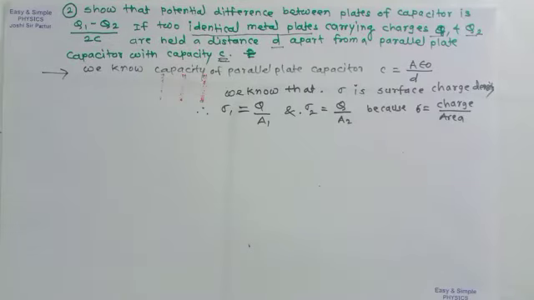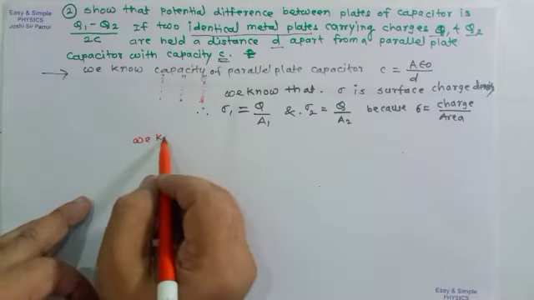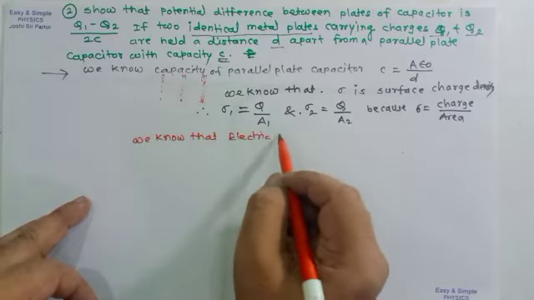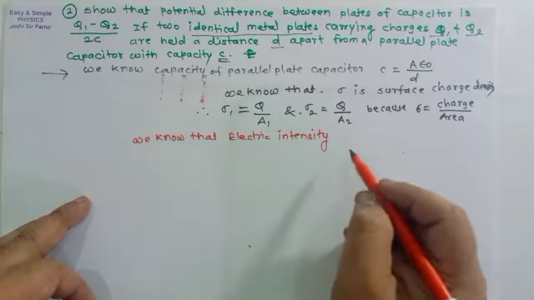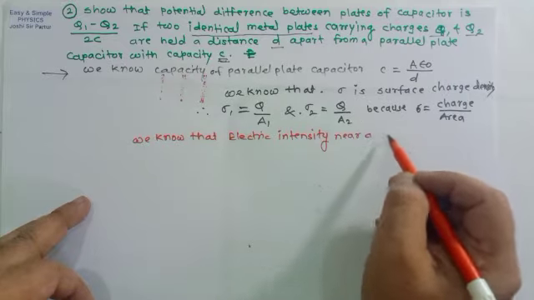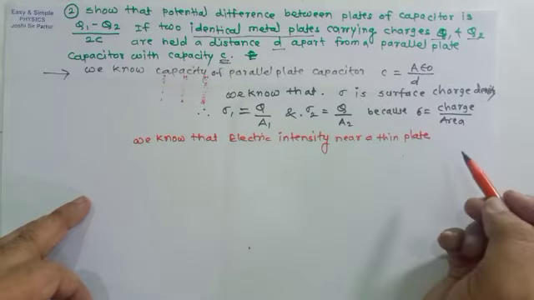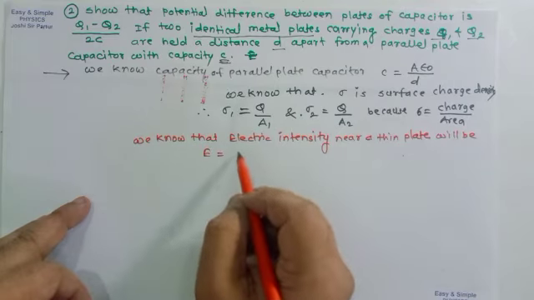So here we have seen the electric intensity near a thin plate will be E is equal to sigma upon 2 epsilon 0.